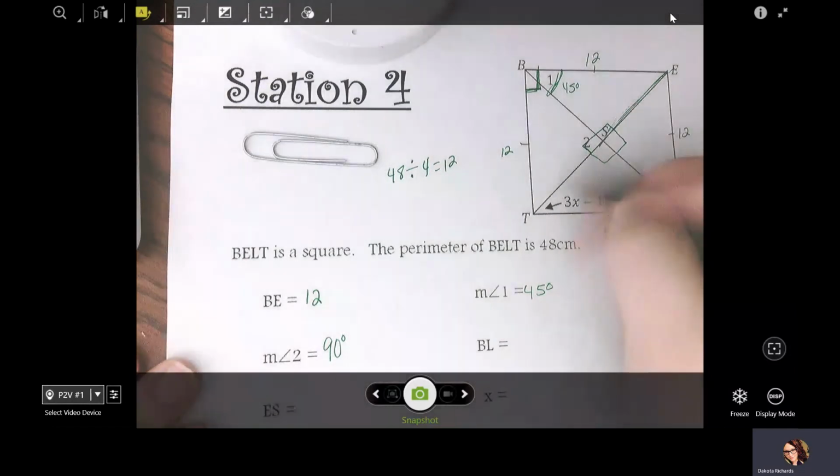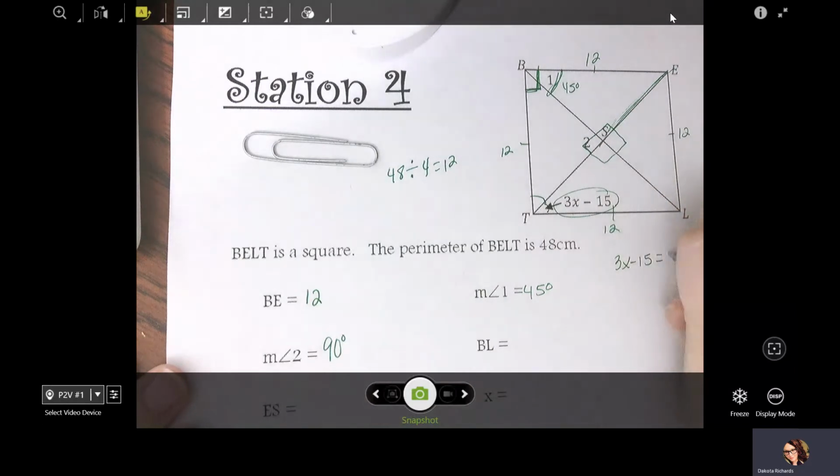So again, if all of these are 45, how would you find x? You're going to set that equal to 45. 3x minus 15 equals 45. Add 15. You get 3x equals 60. Divide by 3, divide by 3. X is 20. Okay.